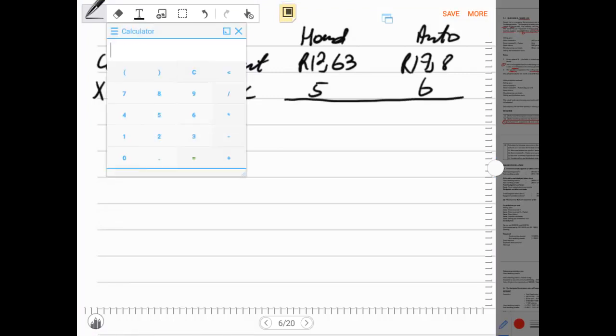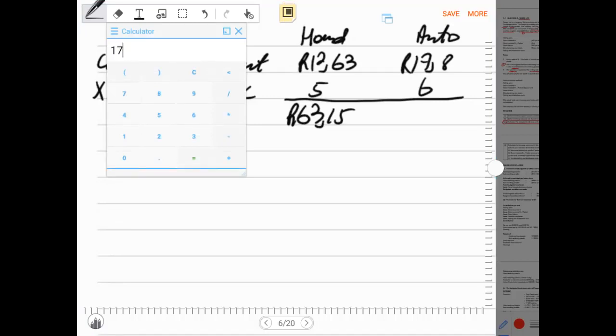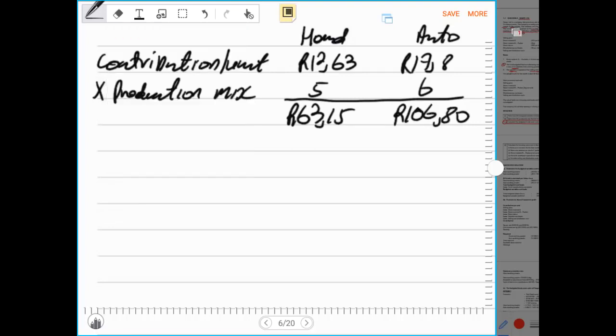Then we say 12.63 times 5. It gives us 63 rand 15 cents. Then we say 17.80 times 6, and it gives us 106 rand 80 cents. Then our total weighted average contribution will be the sum of the two contributions.